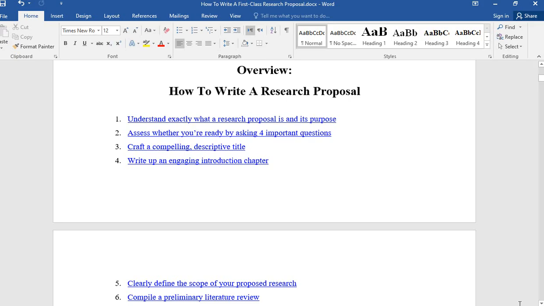The title of that research is very important. The title should be attractive and persuasive, and should be limited. At the same time that it is limited, it should be comprehensive as well, showing all the variables of that study and the relationship. 4, write up an engaging introduction chapter.